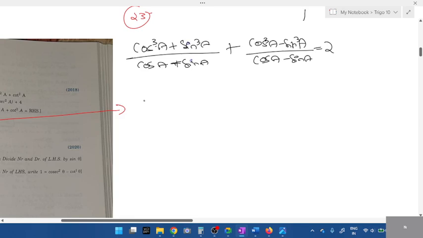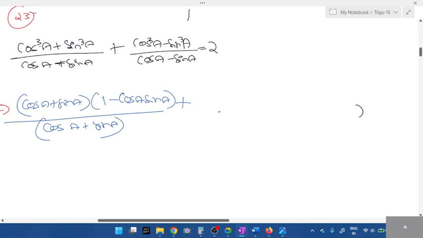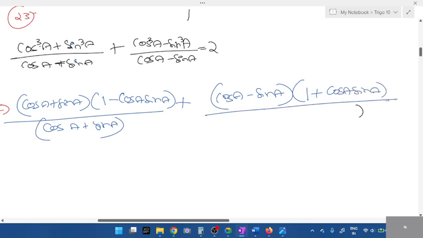Okay, let me do cos A plus B into, okay. What do you get here? A square plus B square. Shall I directly write as 1 minus cos A sin A divided by cos A plus sin A plus. Tell me the next one. Cos A minus and 1 plus cos A. So I'm writing it directly.